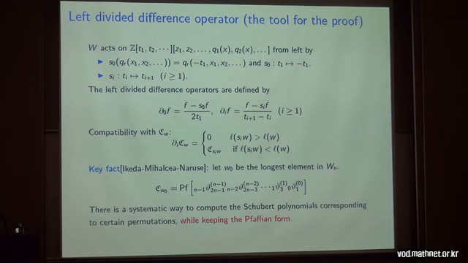The key fact is that we know the formula for the longest element of the Weyl group. You start with this Pfaffian expression, and if you know how to apply the double divided difference operator nicely, keeping this Pfaffian form, then you can get all the Pfaffian expressions of other double Schubert polynomials. Now it's described in terms of those theta polynomials.